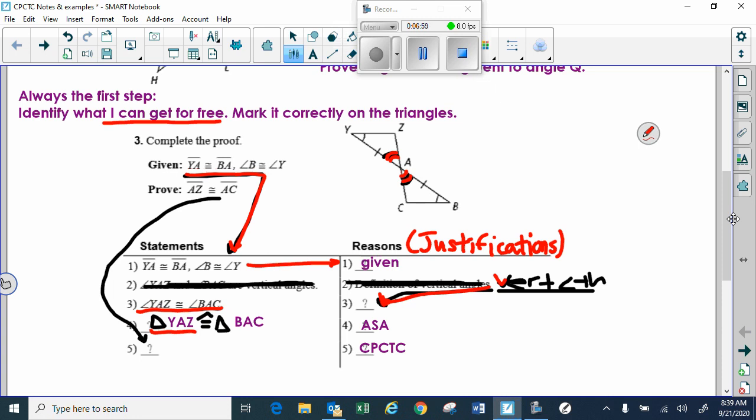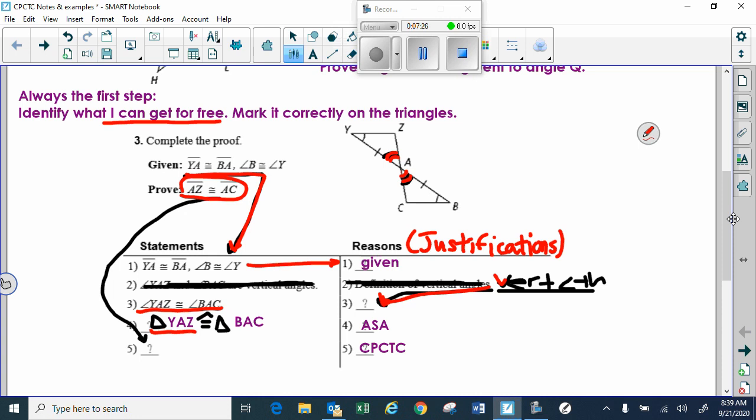Now we can say any other corresponding piece that's not marked yet, whether it's a side or an angle, is also congruent. But notice what we're trying to prove. Remember, what you're trying to prove is always your last step. So I'm trying to prove that segment AZ is congruent to segment AC. I can do that now because I've proven the triangles congruent, which means all the corresponding pieces, all 6, are congruent.